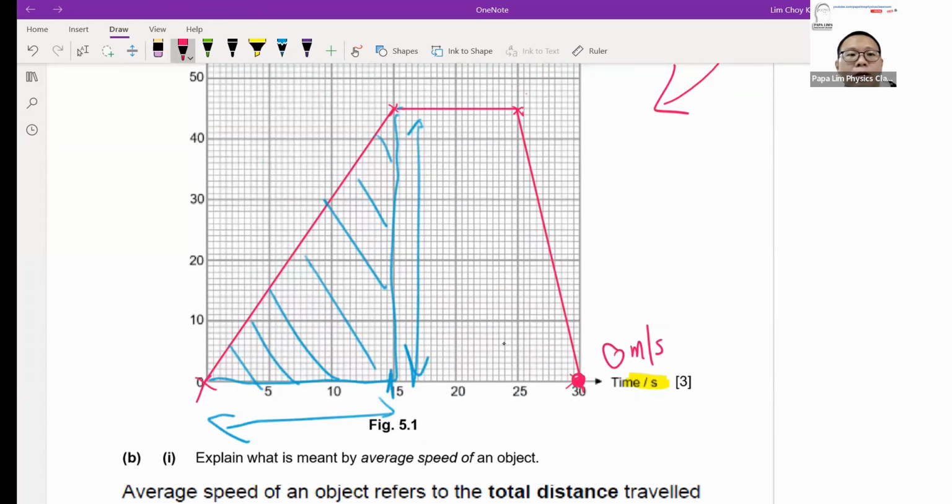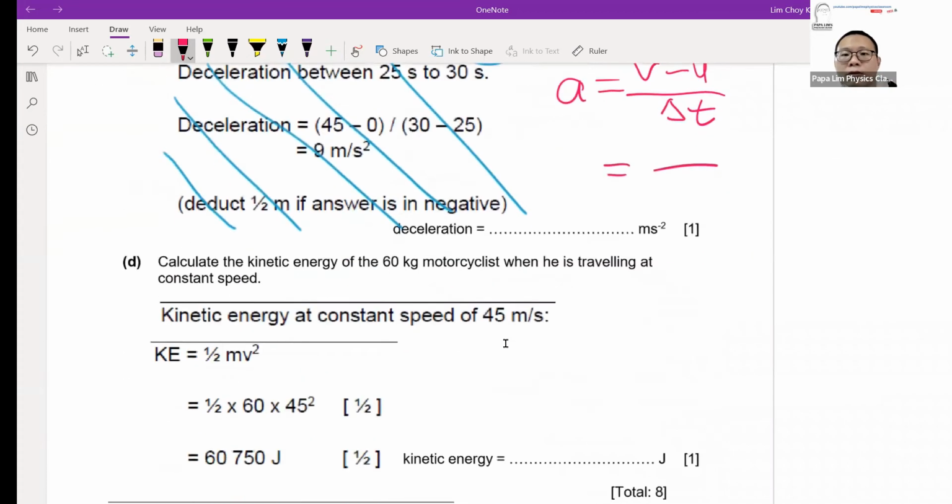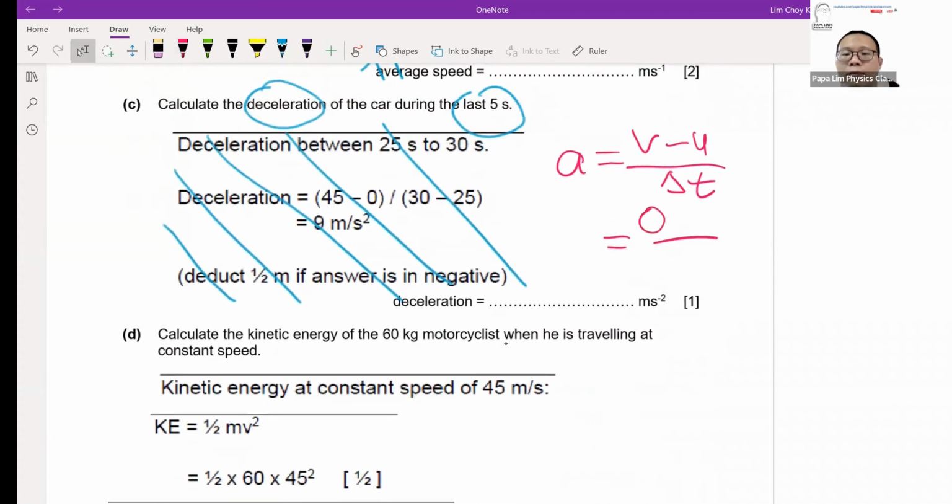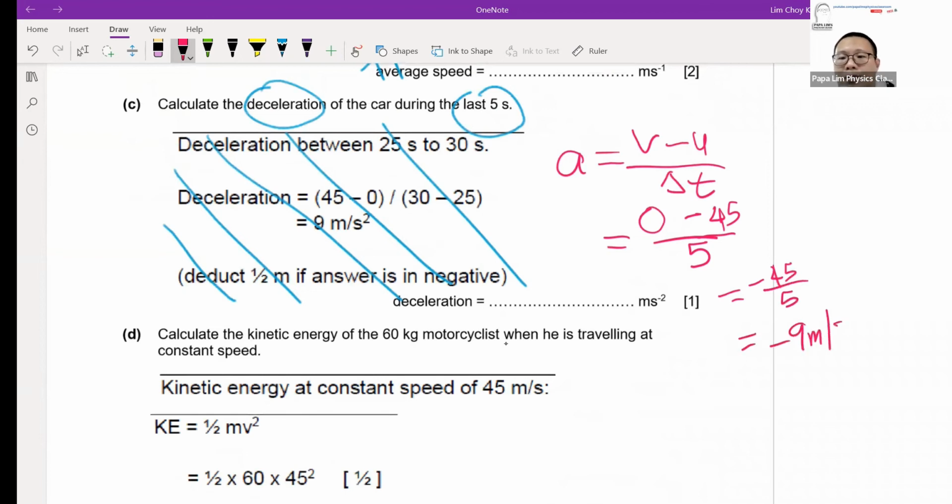The initial speed, at the 25th second, is 45 meters per second. So v is 0, initial speed u is 45, and the time taken is 5 seconds. It will bring us to negative 45 divided by 5, which is negative 9 meters per second squared.